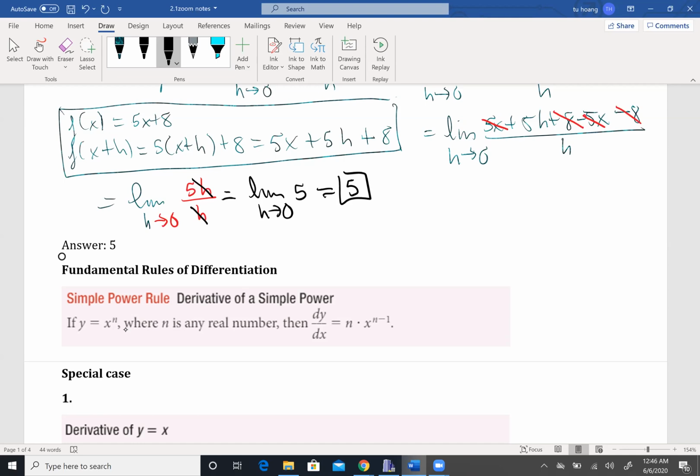What does that mean? That means the derivative, the y prime of the function, will be the power put down to become the coefficient multiplied with the variable, and the new power becomes the power subtracted by one.